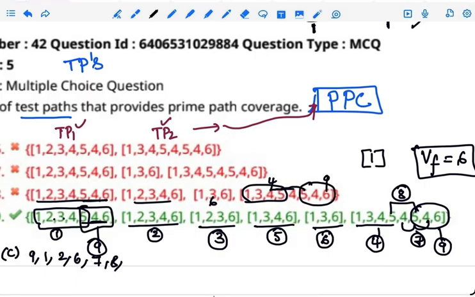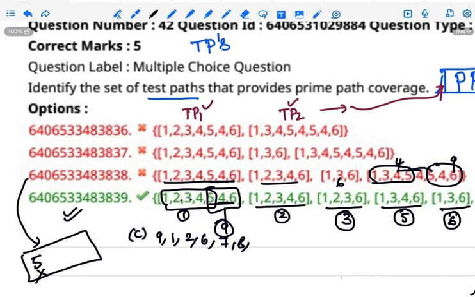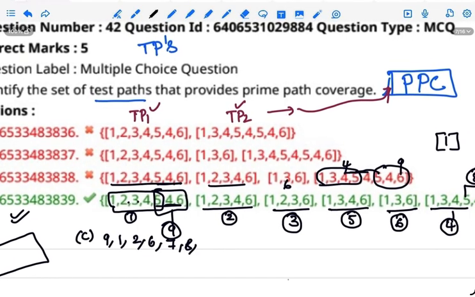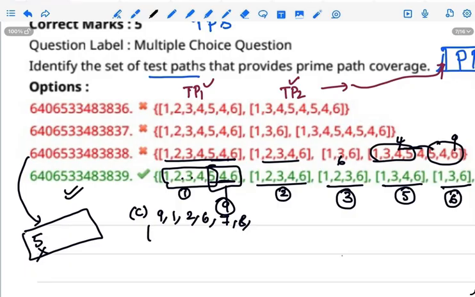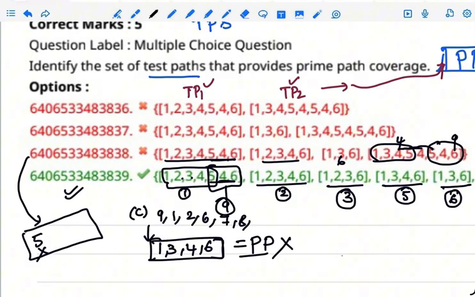Only one test path, 5, is not covered. 1 3 4 6 is not there. So because of that, in option C the prime path 1 3 4 6 is not covered. Because of that, this option is incorrect.